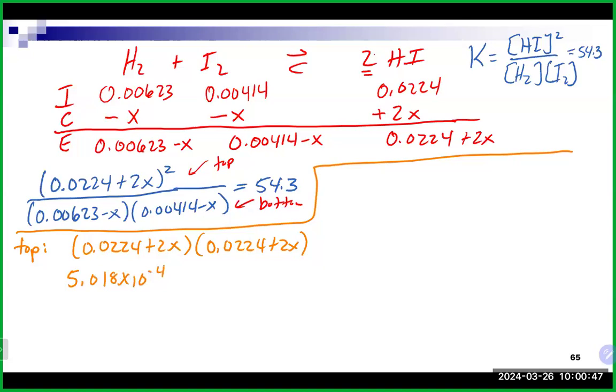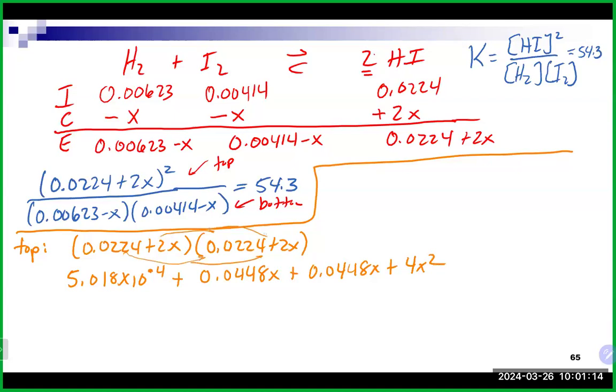Don't know how too many zeros work in there. That's going to be plus 0.0224 times 2, 0.0448x. We're going to get another 0.0448x, and we're going to get a 4x squared.